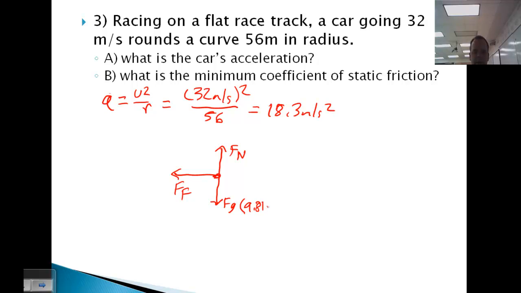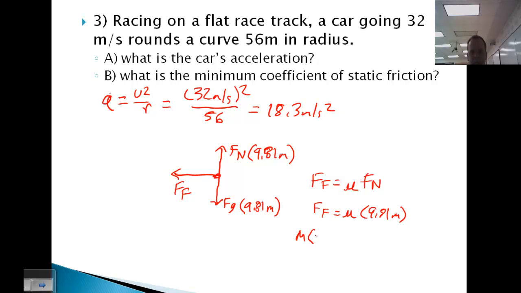We know the gravitational force will be 9.81 times the mass. We don't know the mass here. We know the normal force will therefore be 9.81 times the mass. We know the frictional force will therefore be the coefficient times the normal force. So the frictional force will be the coefficient times 9.81 m. The frictional force is the one pointing towards the center of the circle, so it will be our centripetal force.